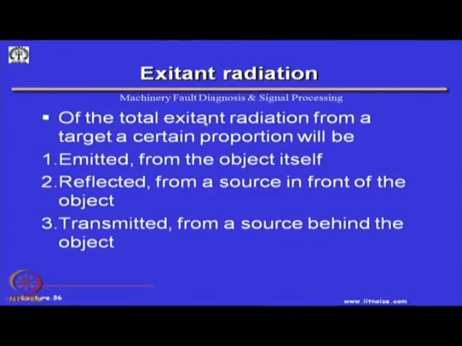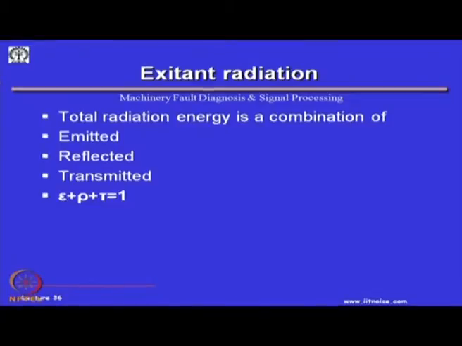Of the total radiation from a target, a certain portion will be emitted from the object itself, reflected from a source in front of the object, or transmitted from a source behind the object. So, one has to be careful that we are able to capture the right kind of wave. Certain things I will tell you later on.